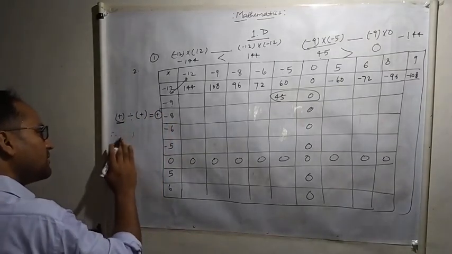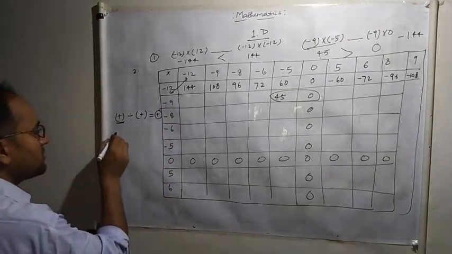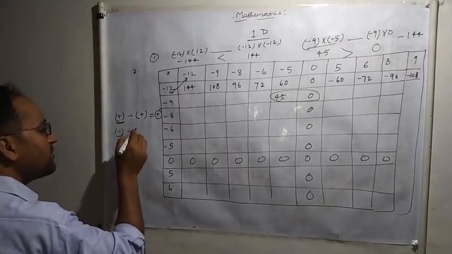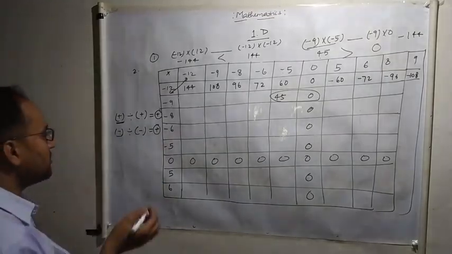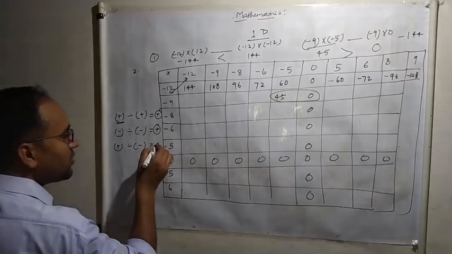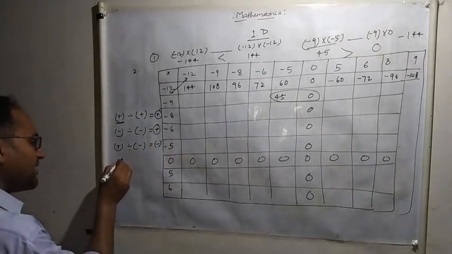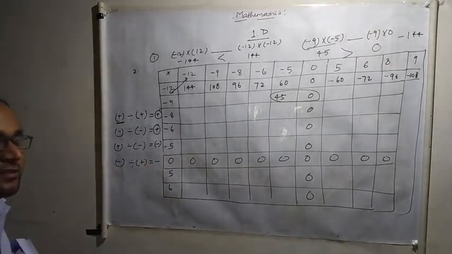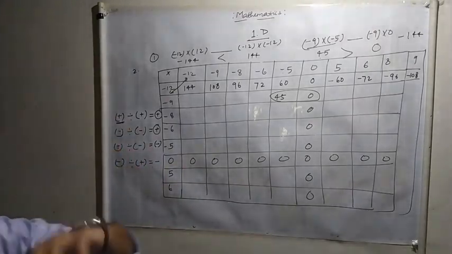Minus divided by minus, in this case also you will get your quotient as a positive value. But plus divided by minus, in this case you will get your quotient as a negative value. And minus divided by plus, in this case also you will get your quotient with a negative sign. So by using these rules, you will do your questions, students.